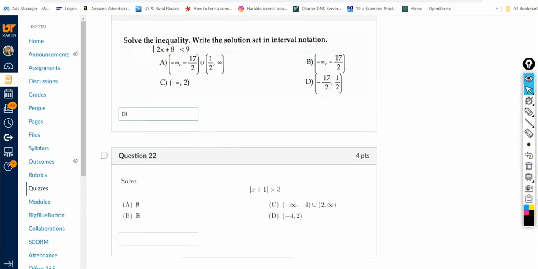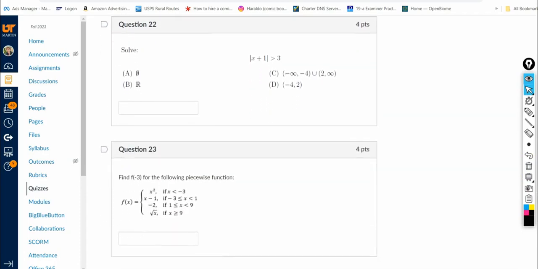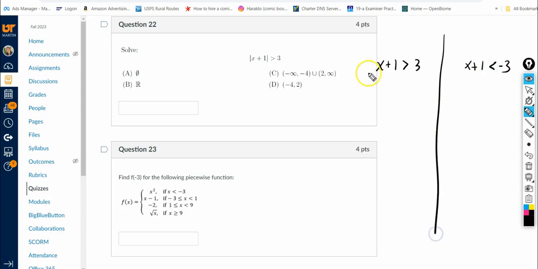And let's keep going down. Now for this one, we have two cases. So I'm going to have x plus 1 is greater than 3, and then I'm going to have x plus 1 is less than negative 3. So this is going to tell me x is greater than 4.